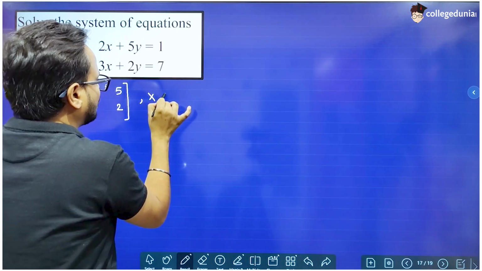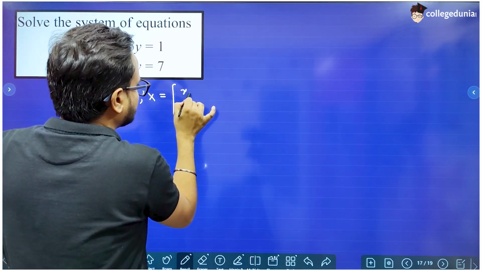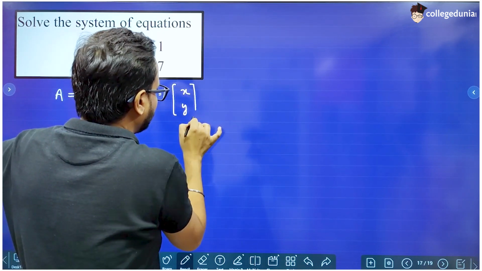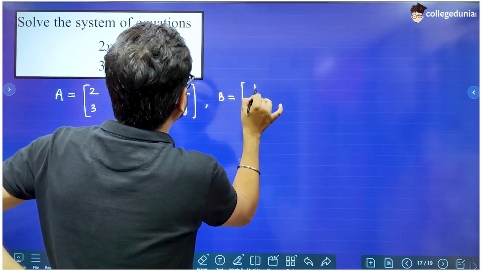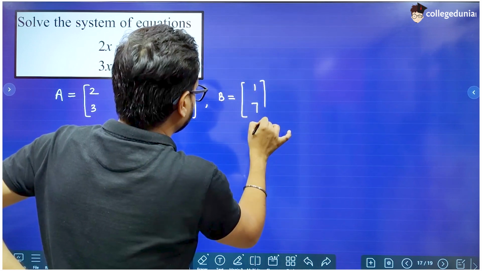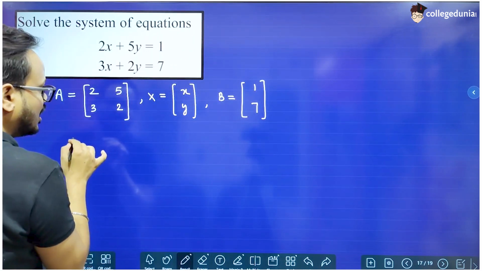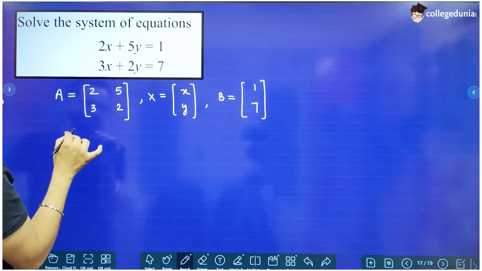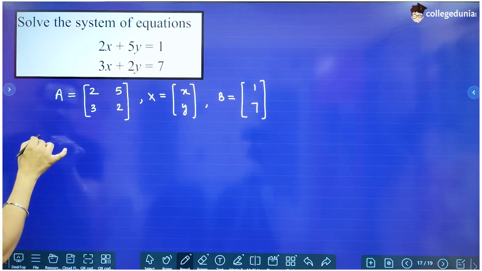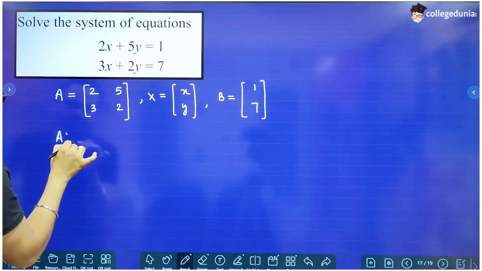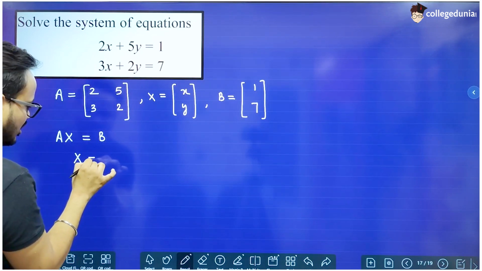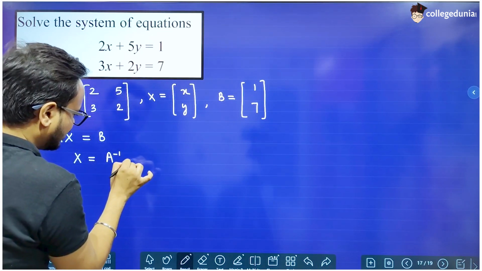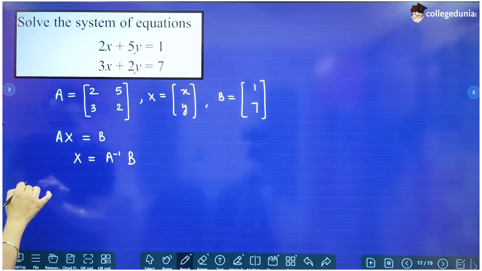And x is, obviously we have only two variables, so x, y, and B is 1, 7. So Ax is equal to B, so x is equal to A inverse B. Now let's find A inverse.